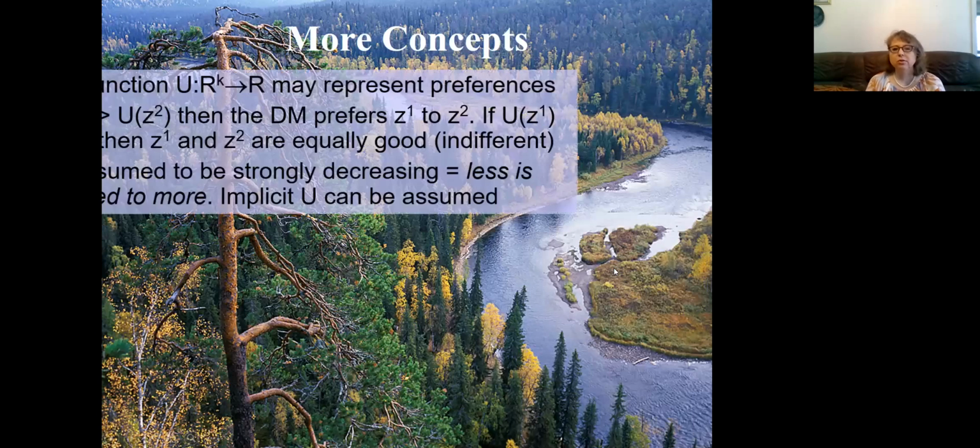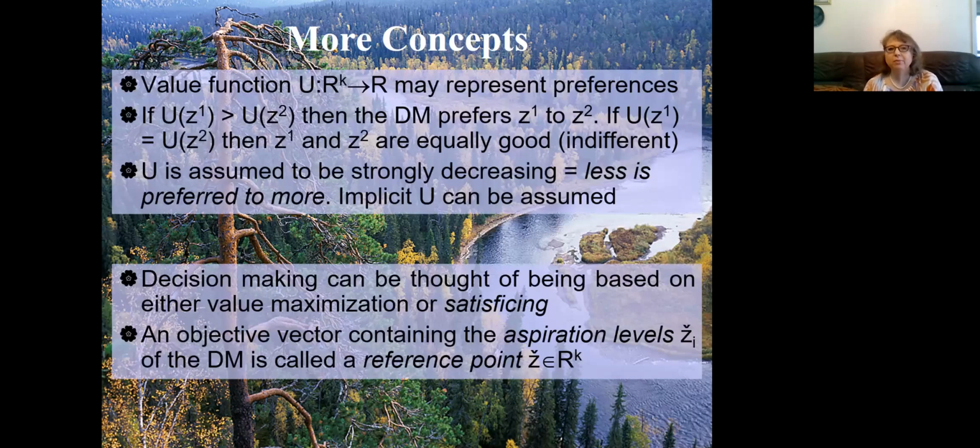So there are many concepts. I will mention one more: utility or value function. In many kinds of literature, they say that they assume that we have a utility or value function that represents the preferences of the decision maker.